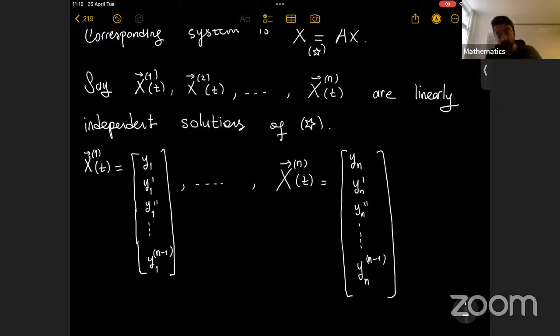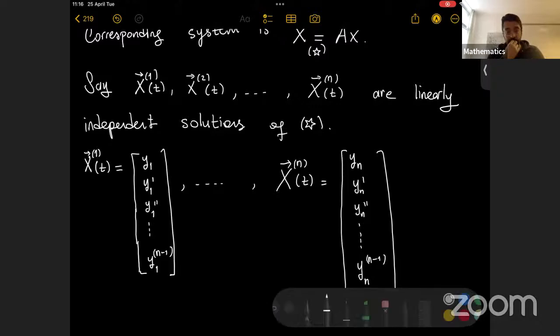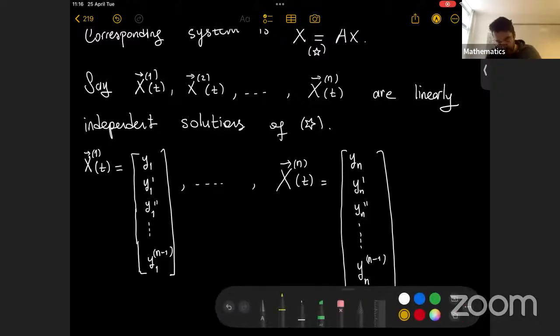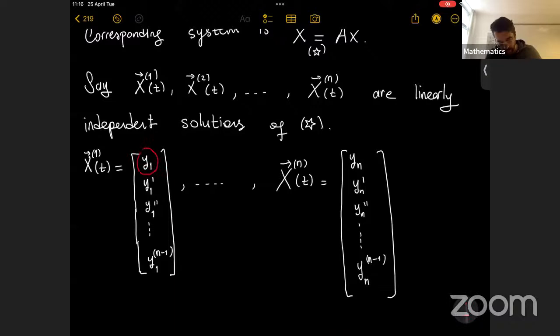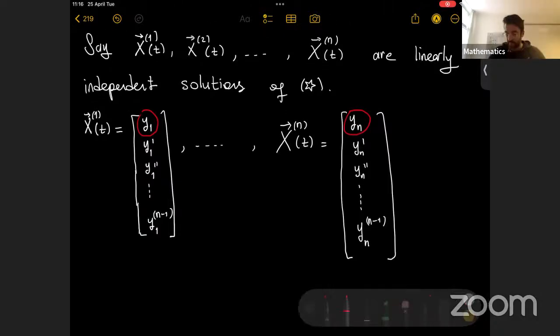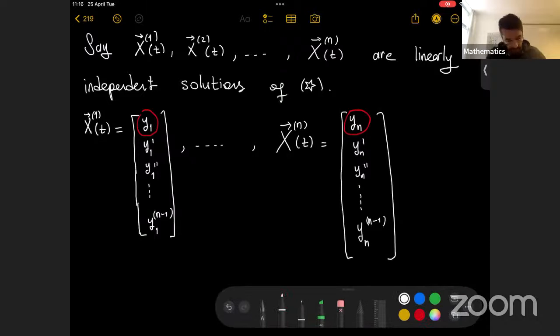All right, so these are the solutions of the system. In that case, it's easy to check that this y1 here, next one will be y2, and the final one will be yn. These are scalar functions, and they are linearly independent functions, okay?